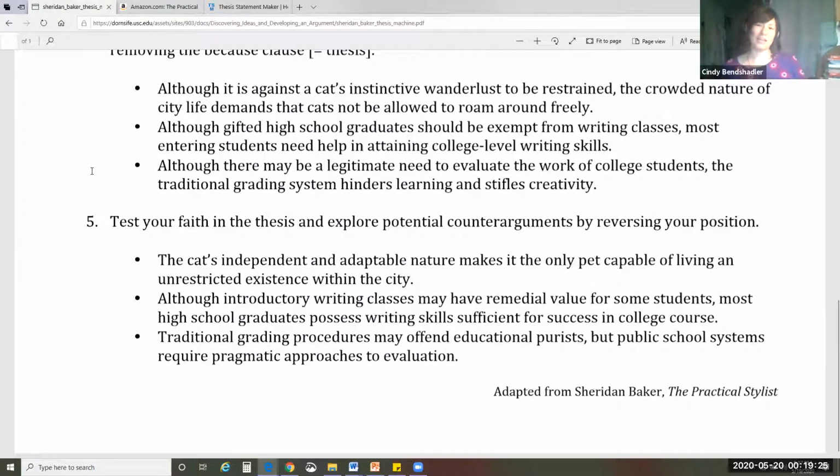And the idea of the Sheridan Baker thesis machine is it's not a perfect way, and you don't follow a formula every time you write a thesis, but it's a helpful thinking process to go through as you're trying to develop your main idea. What is the topic? What claim do I want to make about that topic?